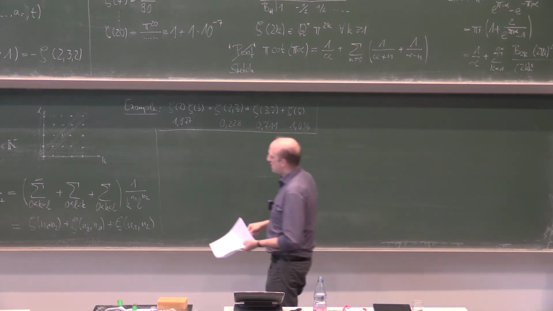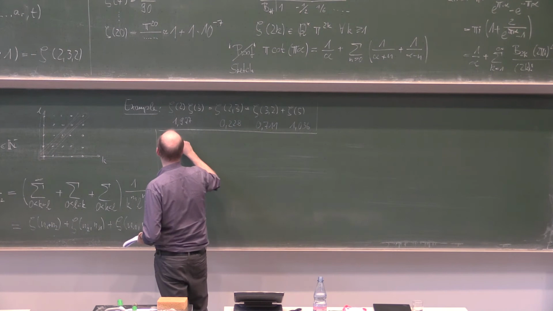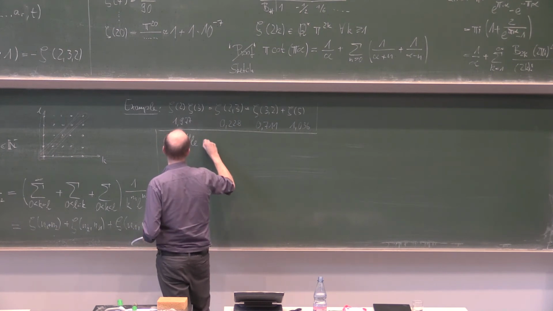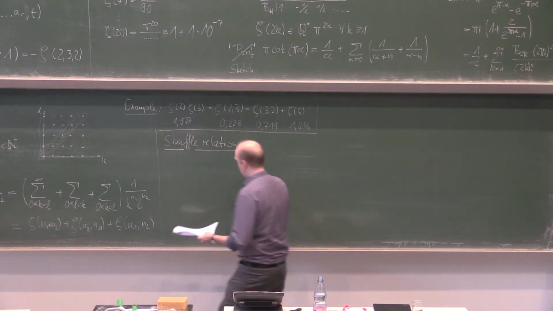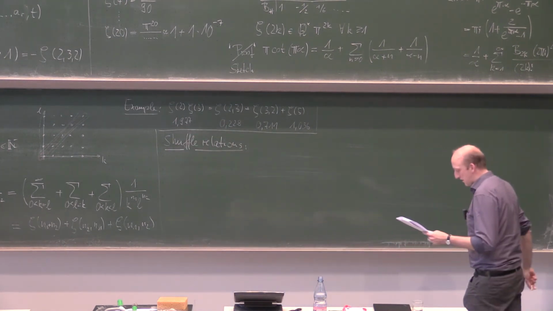Now, for the shuffle product and the shuffle relations, I need to introduce some notation which secretly was already around.